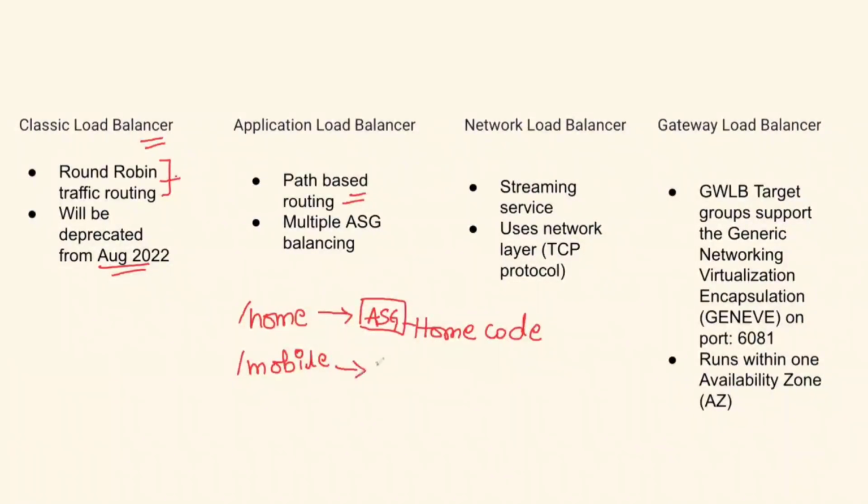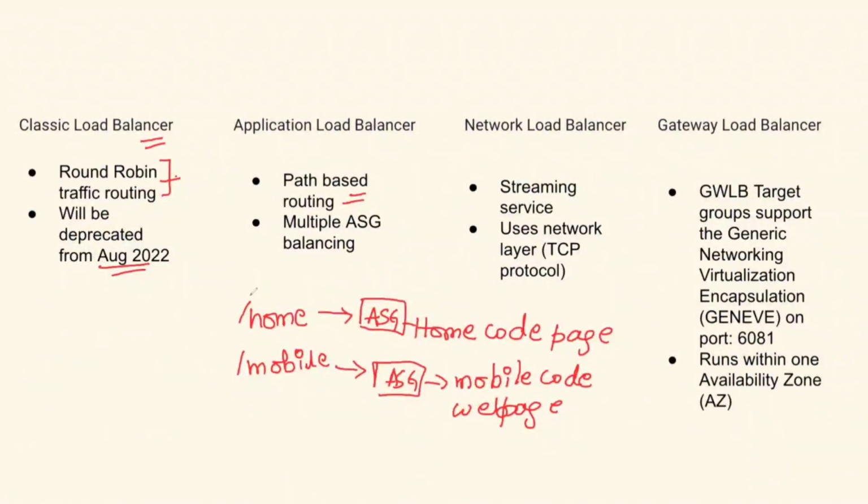And this particular traffic will be sent to an ASG where mobile website code is set up. So this is the mobile web page, and the above was the home web page, home code web page.